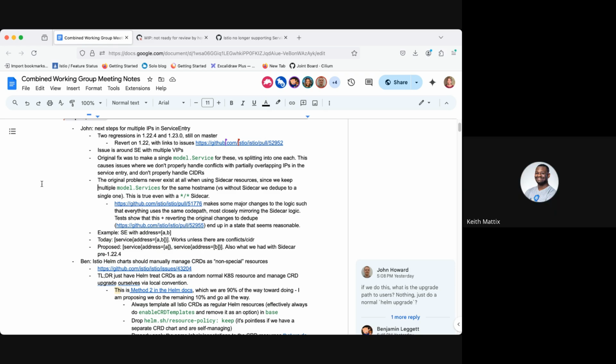I would have to go back and look through the PRs, but I think one of the big changes for dual stack that Steve Zhang was working on, and then Leo Sara, is that now services have multiple addresses.